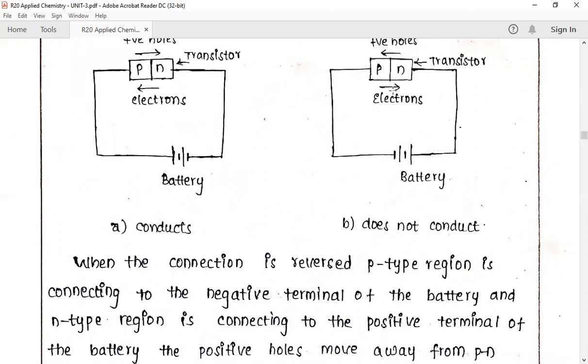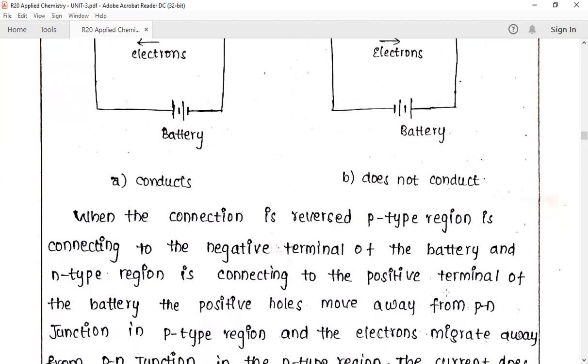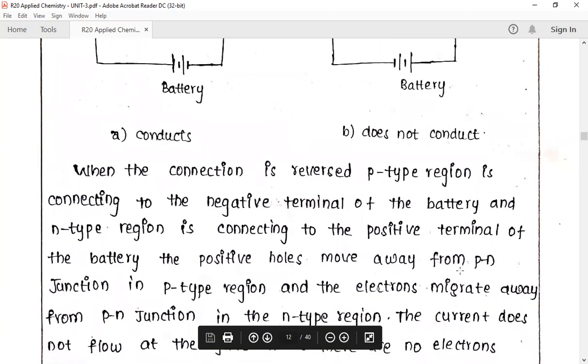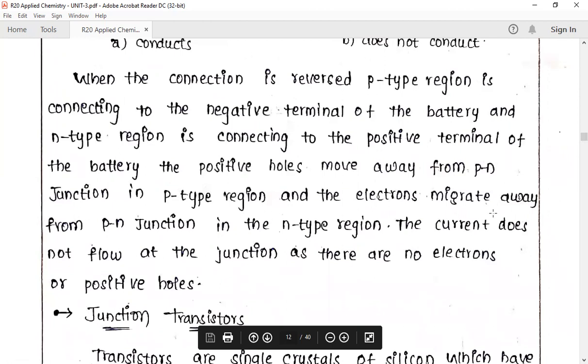When the connection is reversed, that means the negative terminal of the battery is attached to the P-type semiconductor, and the positive terminal of the battery is connected to the N-type region, then the positive holes move away from the PN junction in the P-type region and electrons migrate away from the PN junction in the N-type region.